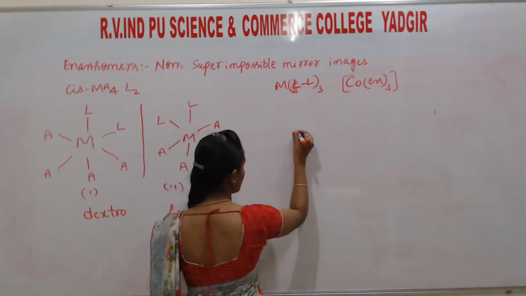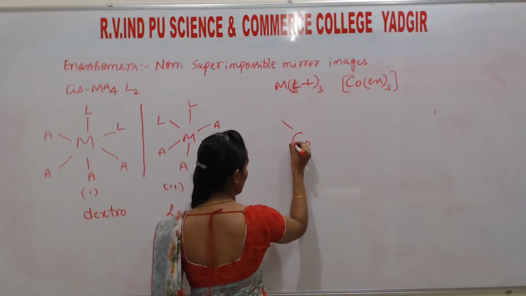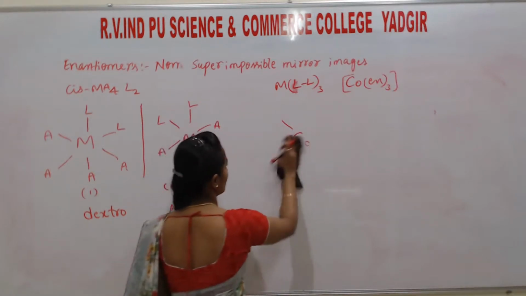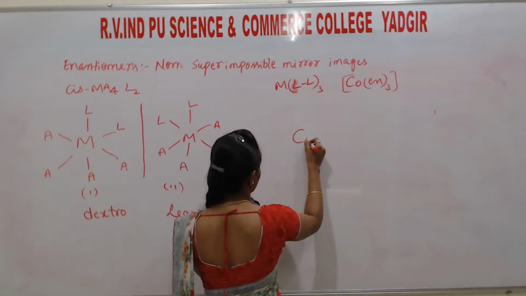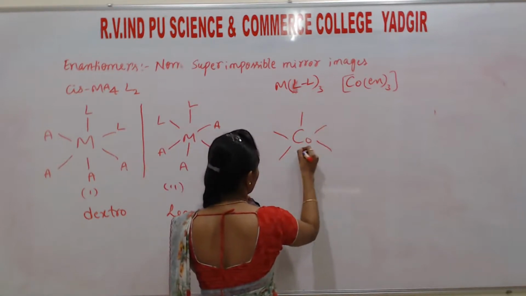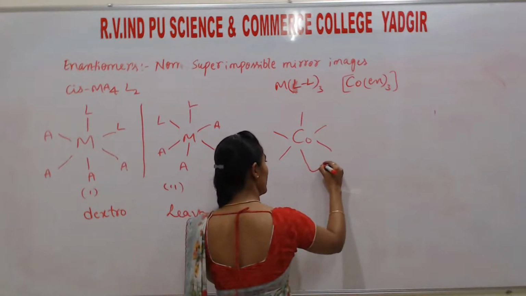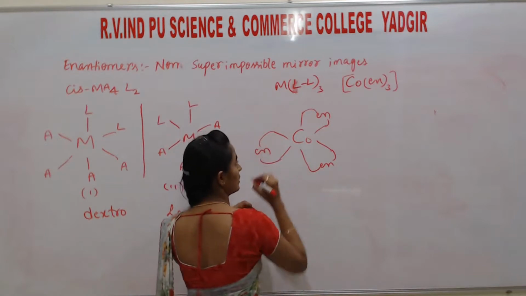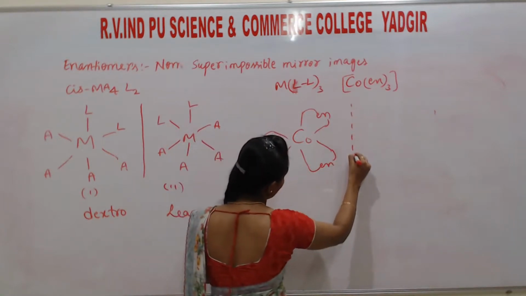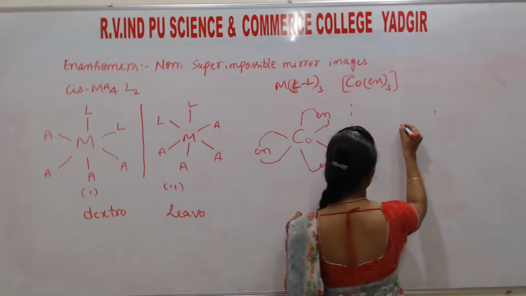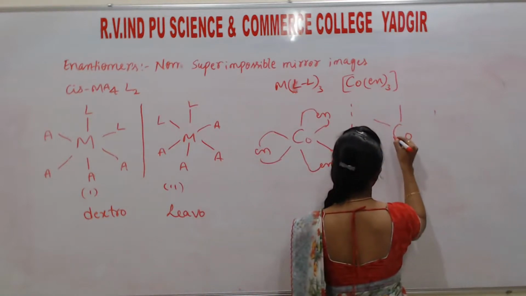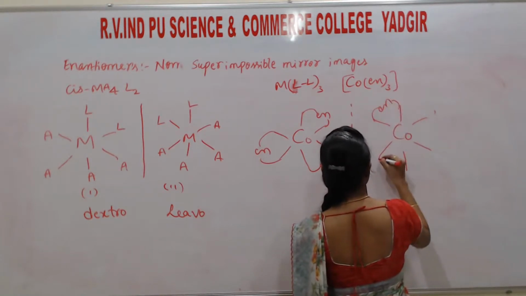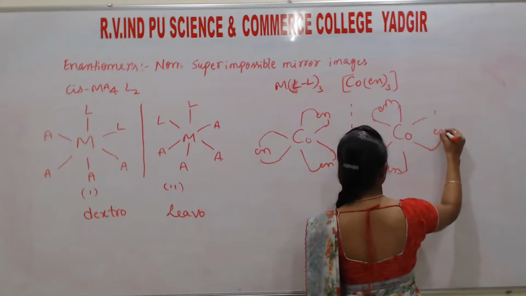Here, students, this is Co in an octahedral complex, correct? Here it is, here it is, here it is. If you write the mirror image for this, you will get the same arrangement again: here it is, here it is, here it is.